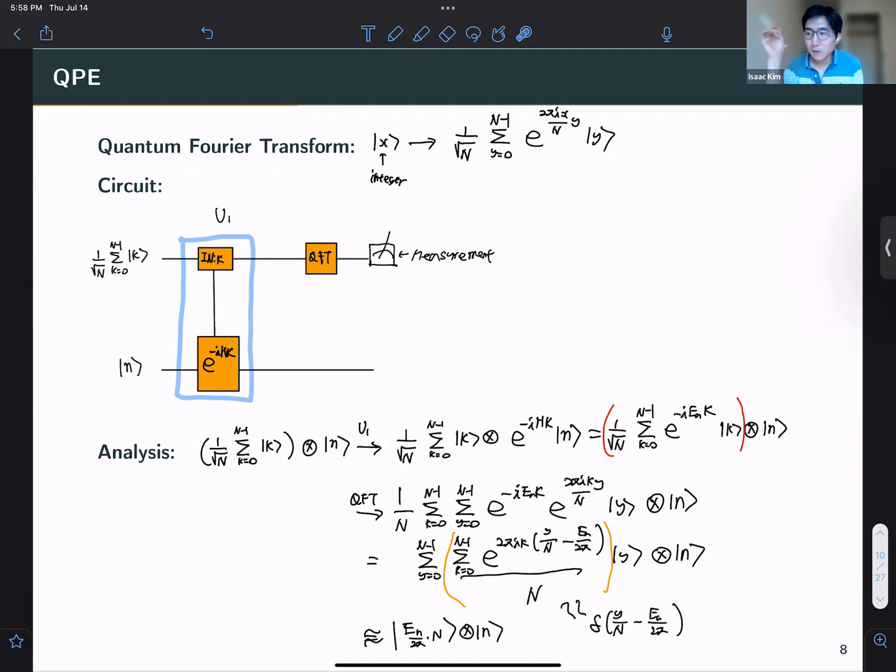Any questions so far? I have one quick question. So when you apply the QFT block, in the diagram, the QFT block applies on the line at the top, but it doesn't apply... Yeah, only on the top, yes.